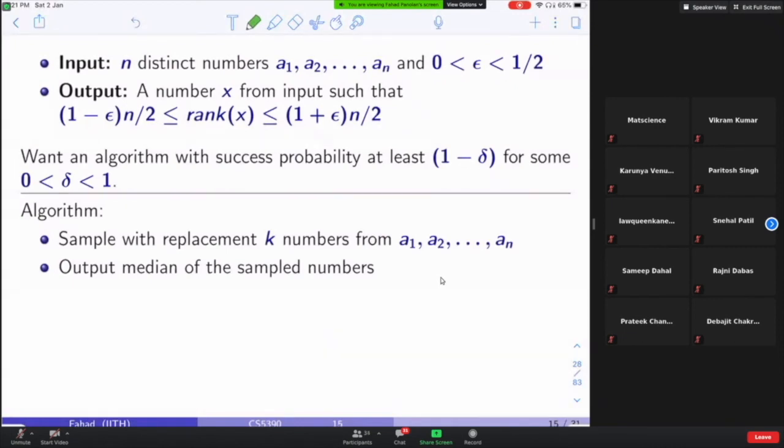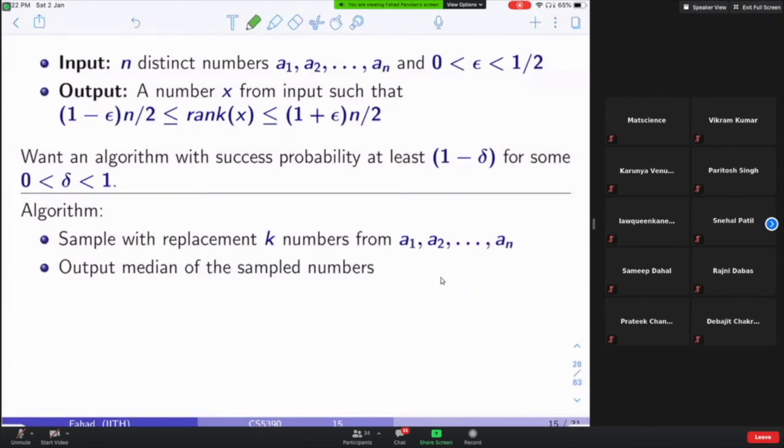So with replacement, choose k elements. What do I mean by with replacement? Pick one element uniformly at random from A1 to An. That is the first. Again, pick one element uniformly at random from A1, A2, etc. up to An. You are not going to delete the element which you have already chosen. In other words, you may end up with the same element A1 k times. That is possible.